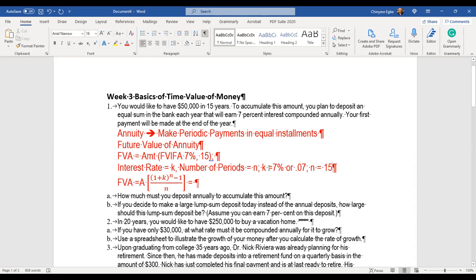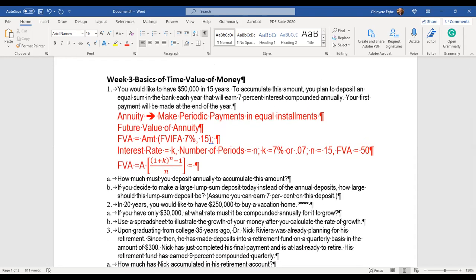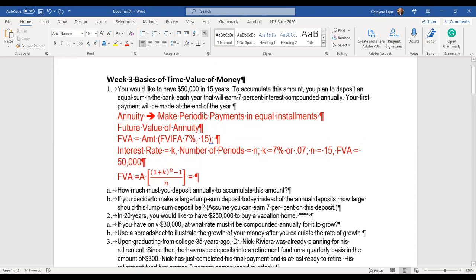Now, the FVA, the future value that we're looking for, is how much? It is $50,000. That is how much we're looking for. Okay, and so we can take this, put it there.